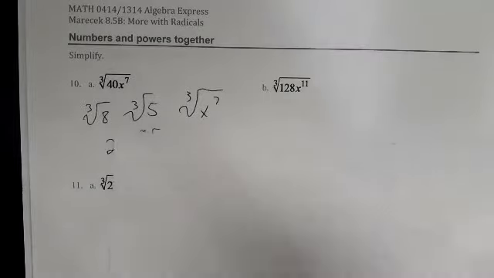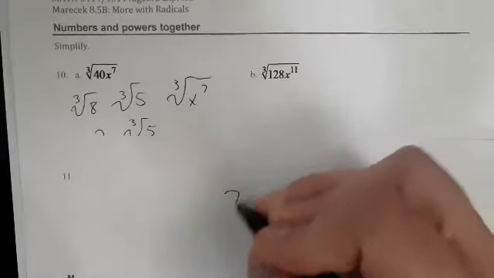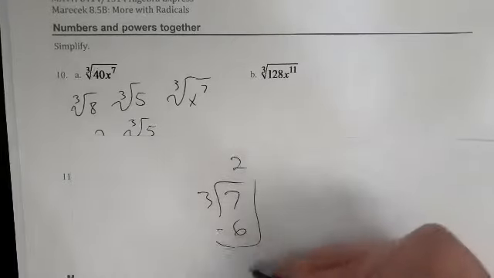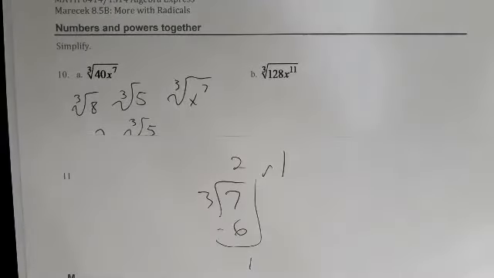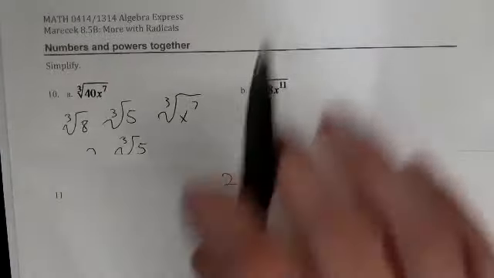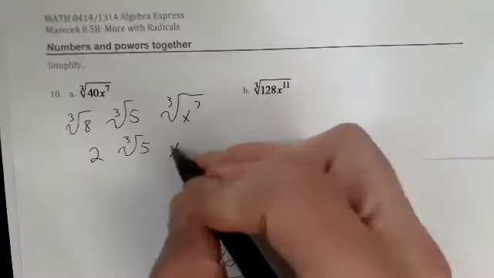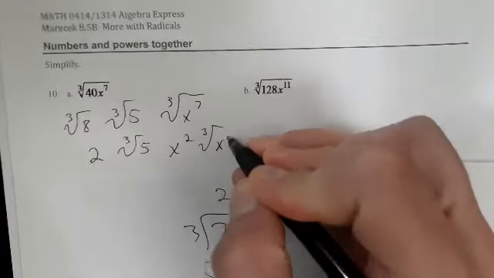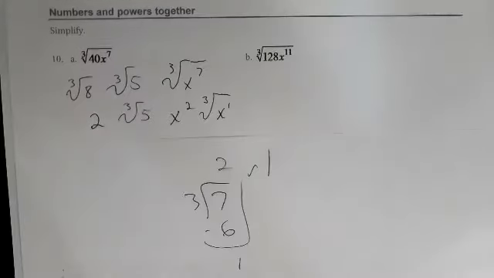And so to figure this thing out, I'm going to divide 7 by 3. So I'm going to get 2, that's going to give me 6, and I'm going to have a remainder of 1. So I'm going to be able to take out 2 groups. And I'm going to have 1 x that's remaining.